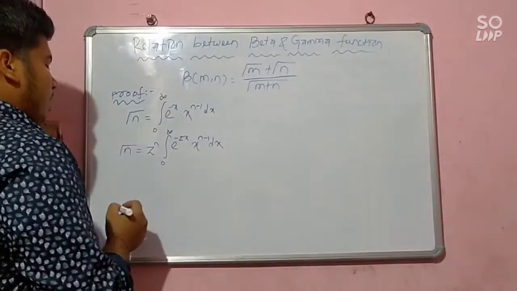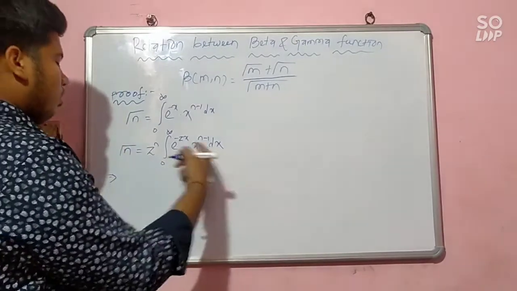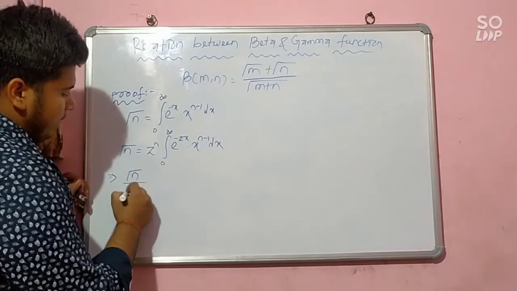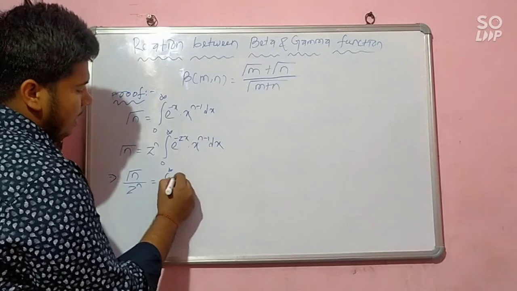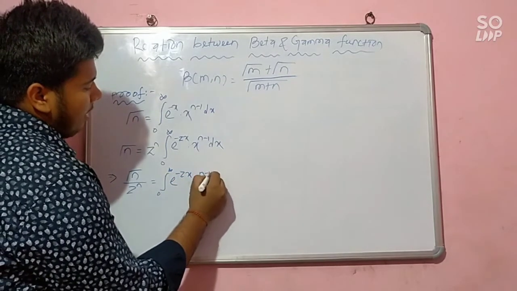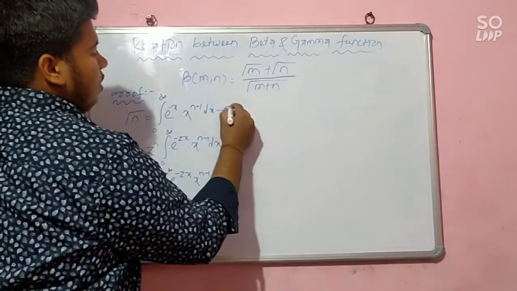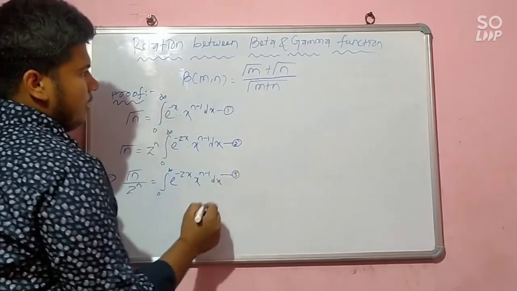Here z to the power n is multiplied with this term, so we can write gamma n by z to the power n is equal to the integral from 0 to infinity of e to the power minus zx into x to the power n minus 1 dx. Let this be equation 1, this equation 2 and this equation 3.